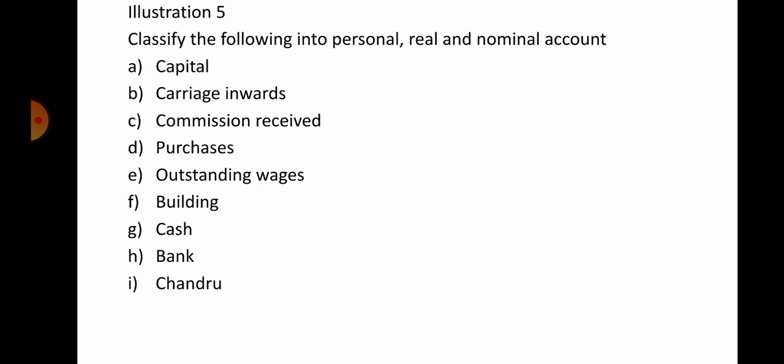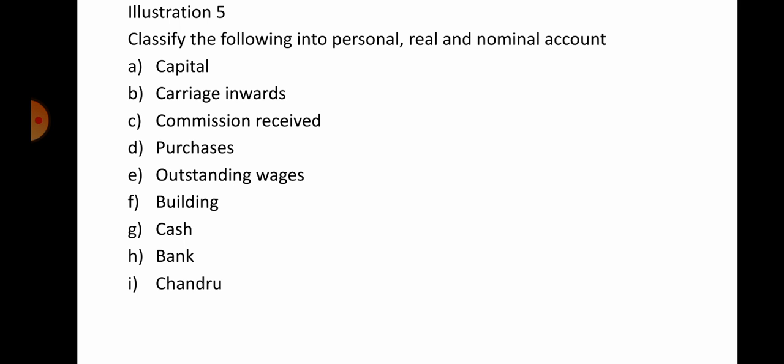Okay, see, Ram and Sam are bringing capital in different ratios. For example, one is bringing 1 lakh and another one is bringing 2 lakhs. So, how we will enter: Ram's capital account 1 lakh, Sam's capital account 2 lakhs, like that. So the capital is the personal account because a person's name is entered in the capital.